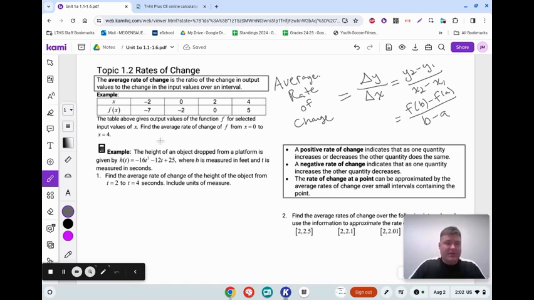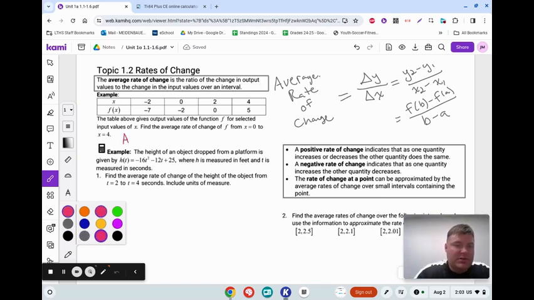So for the first example here, we have a table that gives us output values of function f with selected input values of x. Find the average rate of change from 0 to 4. So for this one right here, we're going to do the average ROC, if you don't mind those abbreviations, is going to be f of 4 minus f of 0 all over 4 minus 0.